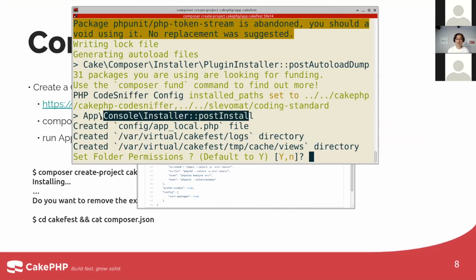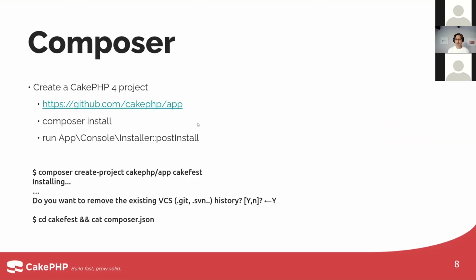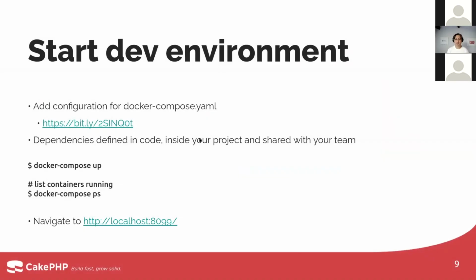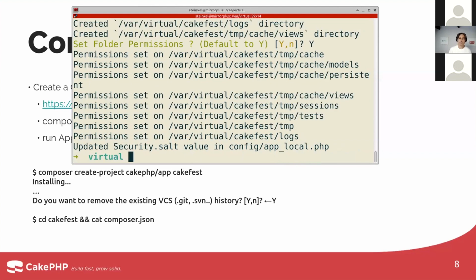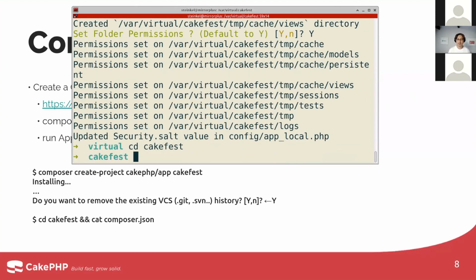Then, as you can see, after downloading, installing, post install here, it will do a couple things, like, for example, creating an app local configuration. It will create logs and tmp folders, and then I'm going to say yes to set default permissions to all these files, right? Good.